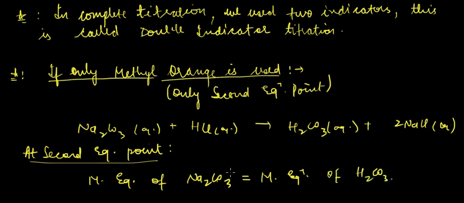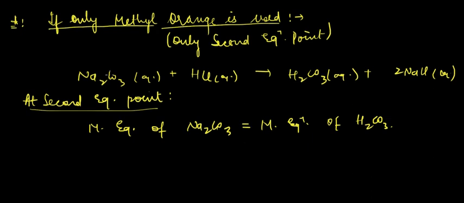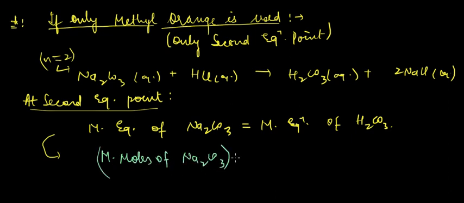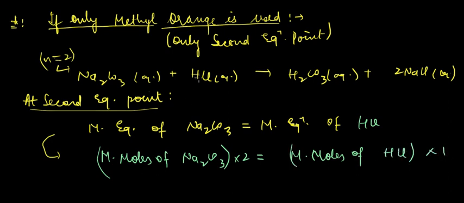Okay, now here the n factor of Na2CO3 would be 2, so we can write in terms of millimoles that millimoles of Na2CO3 multiplied by n factor, which is 2, would be equal to, not H2CO3, I beg your pardon, this is HCl. We are titrating Na2CO3 with HCl, so it would be equal to millimoles of HCl, and the n factor of HCl would always be 1. Okay, n factor is 1 here.